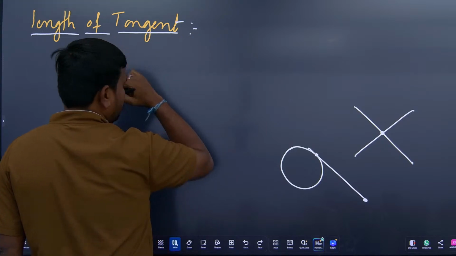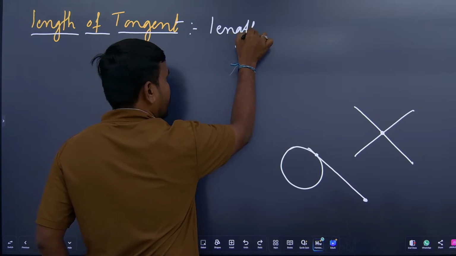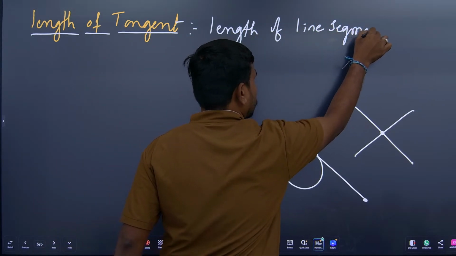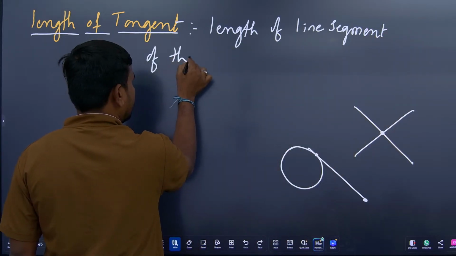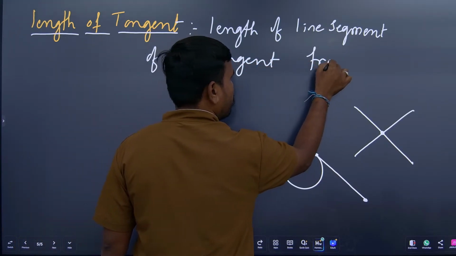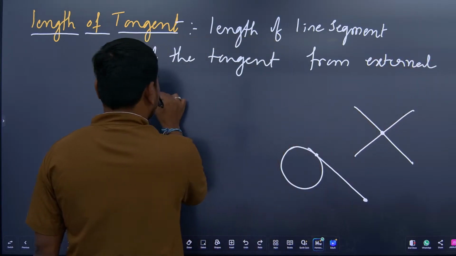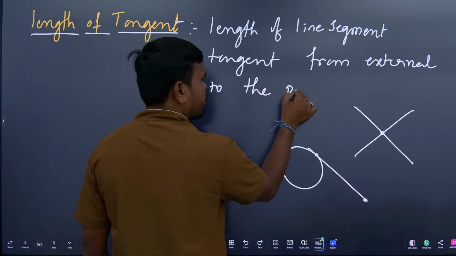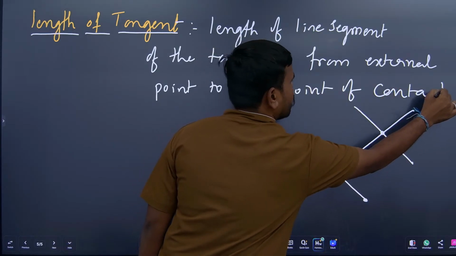So the length of the tangent is the length of a line segment of the tangent from the external point to the point of contact.